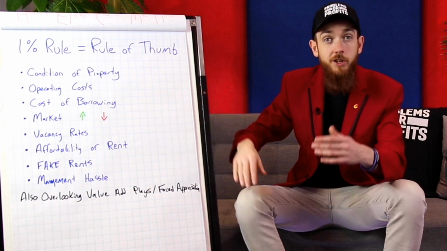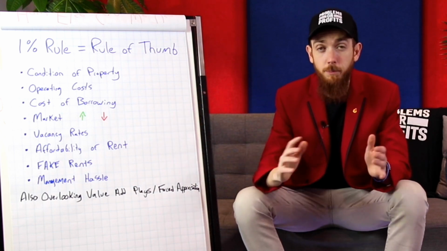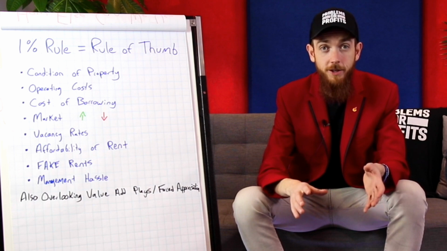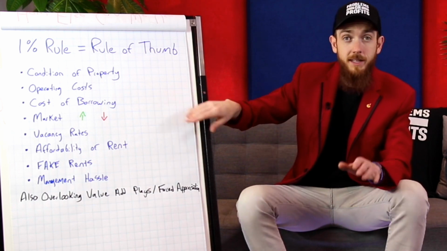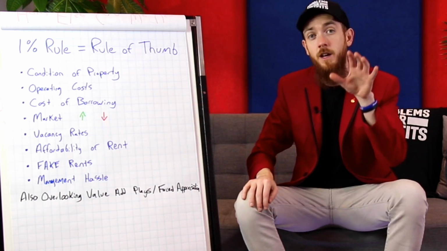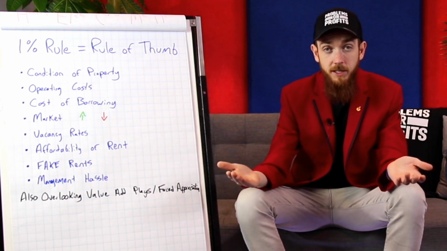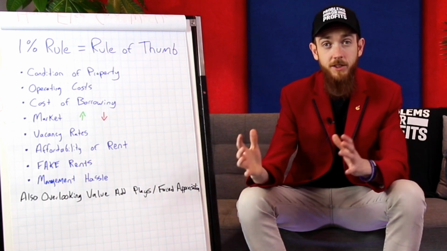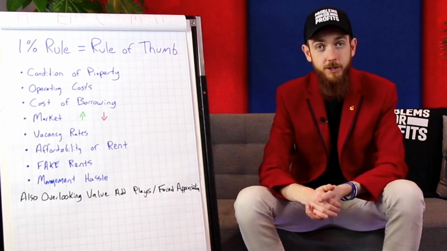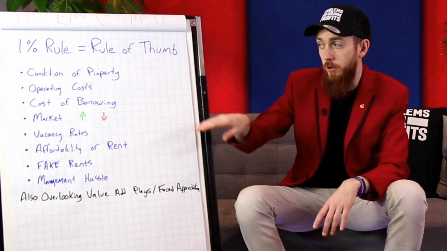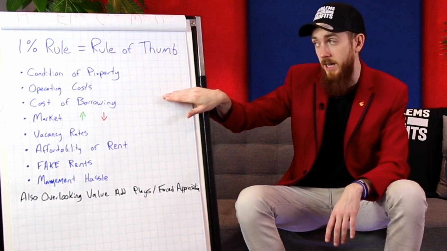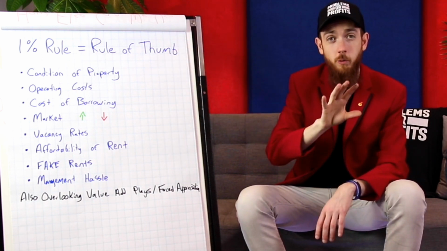Then we also have to look at your cost of borrowing. So in the previous examples we did in the earlier video series, we assumed kind of 3.5%, 4% interest rates, whereas you may end up having to pay higher interest rates, and depending on the project, you may have to pay higher interest rates because of the building. So if you're paying 3 or 4%, the 1% rule, great rule of thumb.